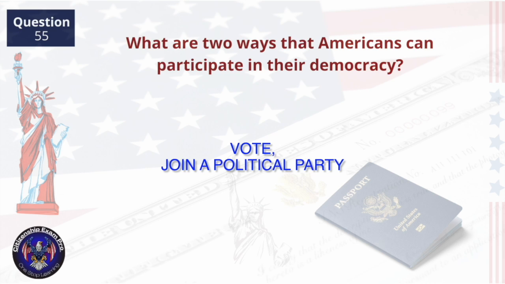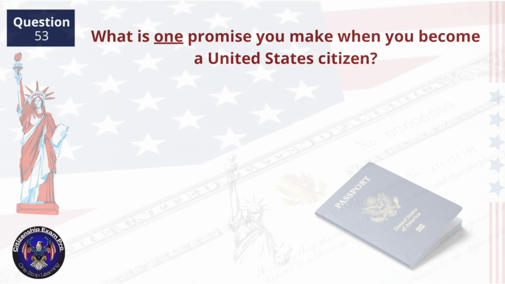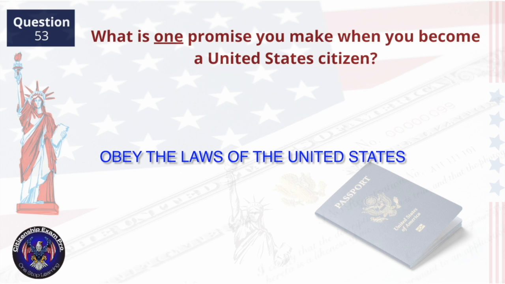Vote. Join a political party. What is one promise you make when you become a United States citizen? Obey the laws of the United States.